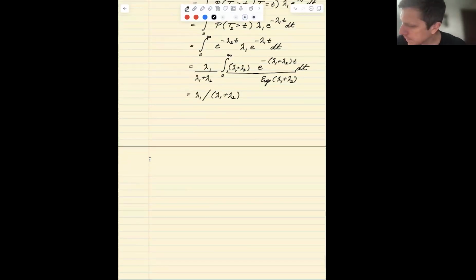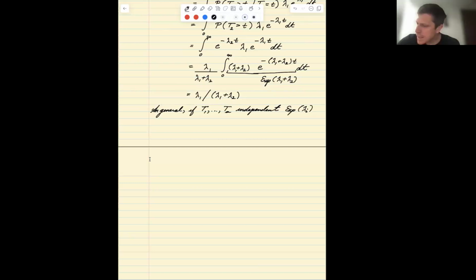In general, a nice property of exponentials is that if we have T1 through Tn independent exponentials with rates lambda i, respectively, then the minimum of these random variables, the smallest failure time, the time to the first failure among all the failures, is also exponential.